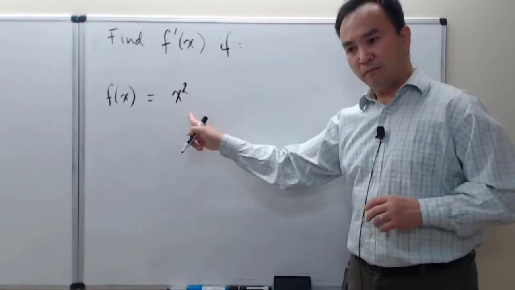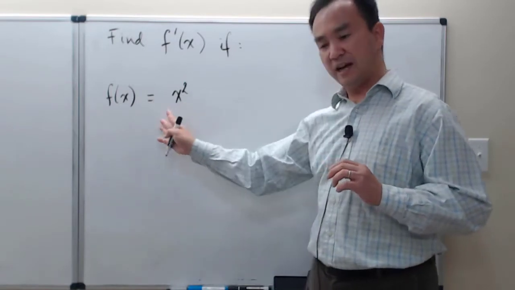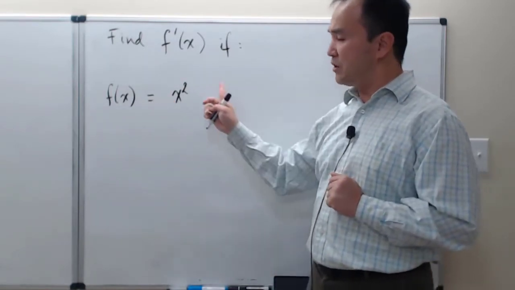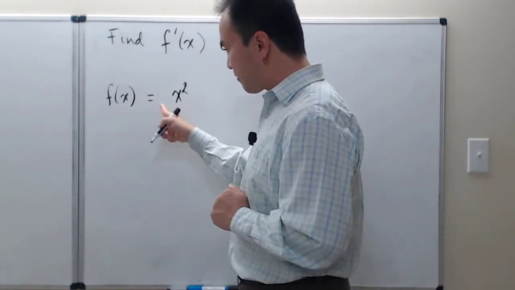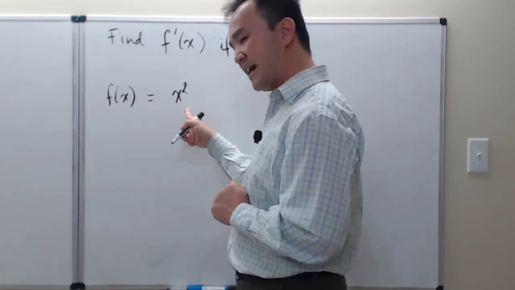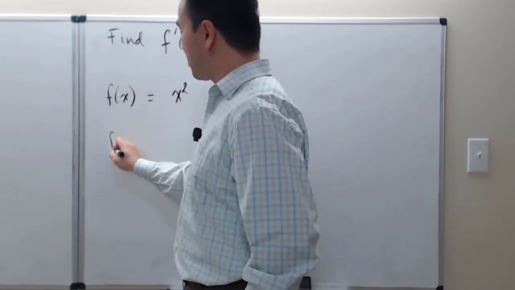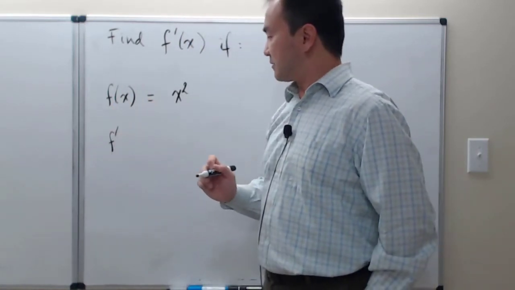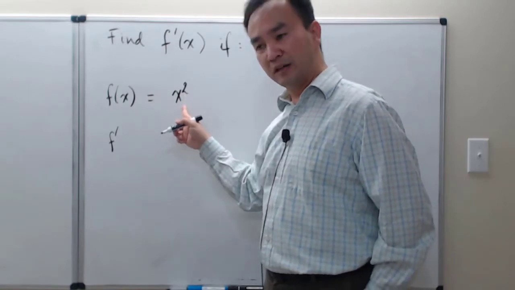For this problem, we have seen it so many times in our earlier video lecture, so there's no need to repeat. For f of x equals x squared, we have found already, and if you're feeling shocked about where I got this result, you can roll back to my previous video lecture on how we carried through the limit definition.